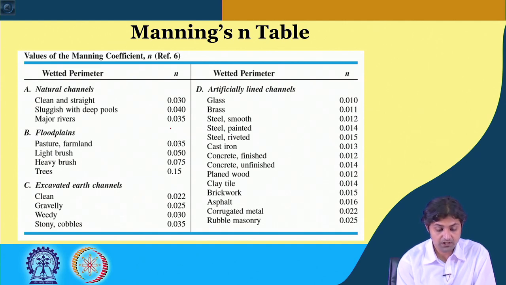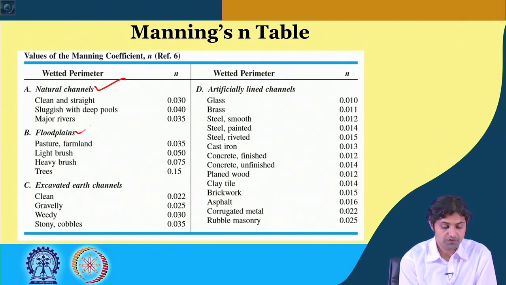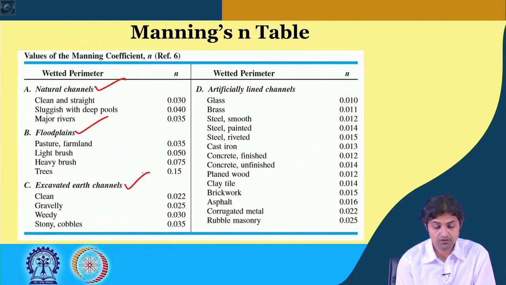So, as you see, for different natural channels, for flood plains, for excavated earth channel, n has been found out. Okay. For artificially lined channels as well, you can actually control the roughness. For glass, if you see, n is very less, 0.010, brass is 0.011.